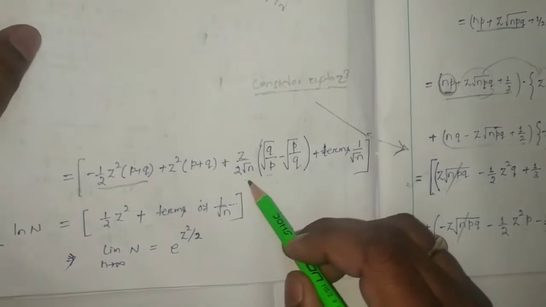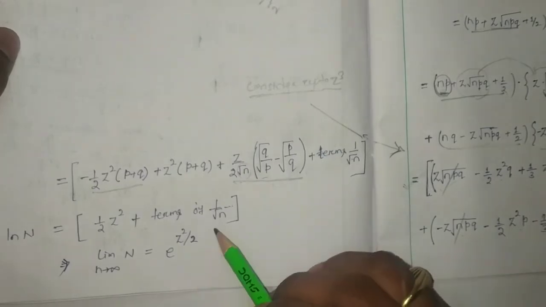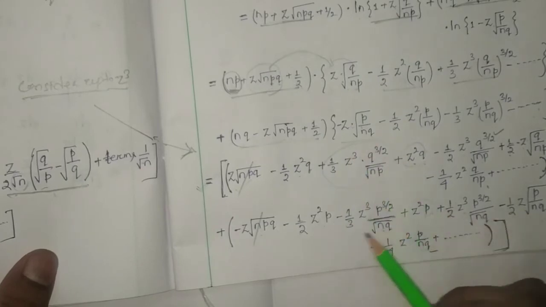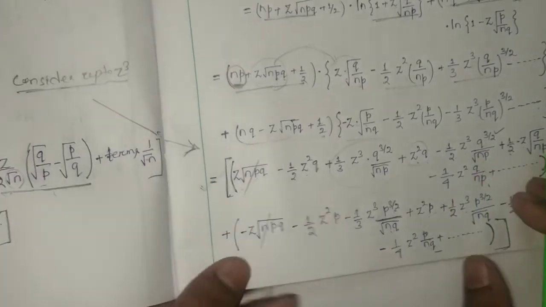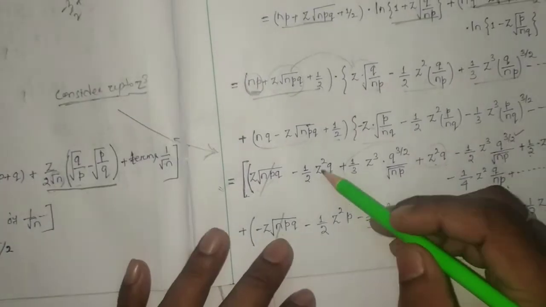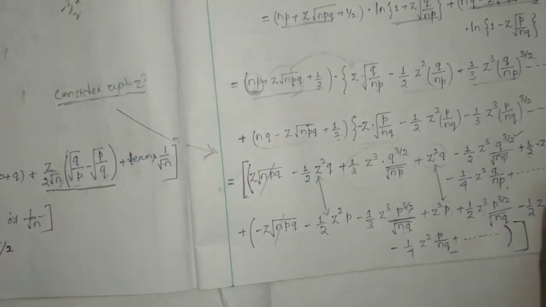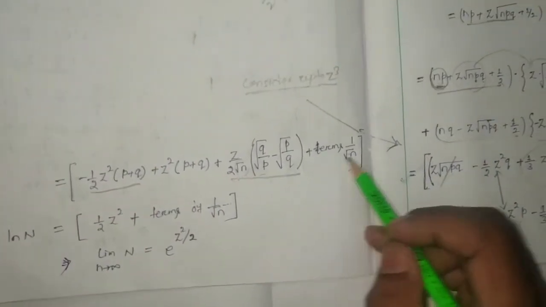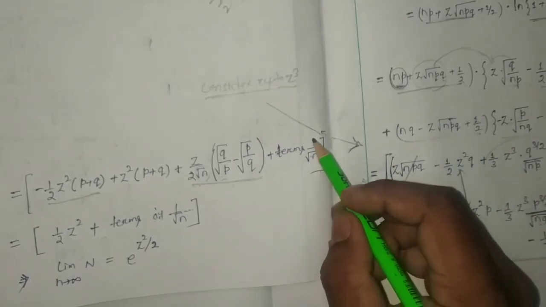So here you can see this term contains 1 by n, and any other term you consider, except these two terms and these two terms, all terms contain 1 by n. Here 1 by root over of n, and the other terms whatever we are going to get will contain 1 by root over of n terms.